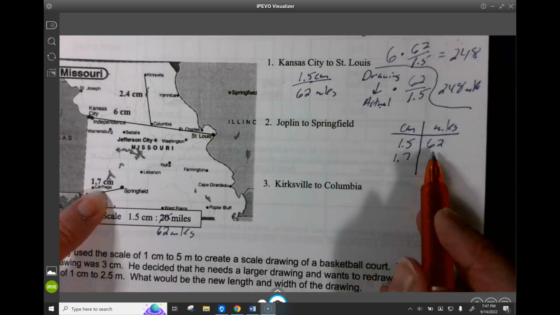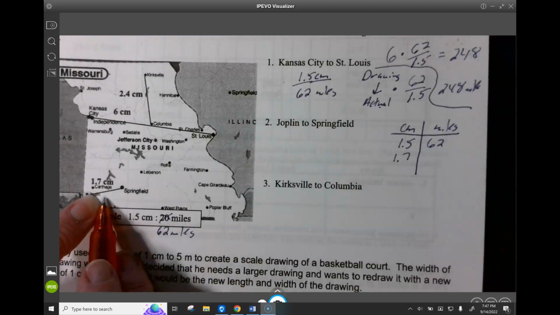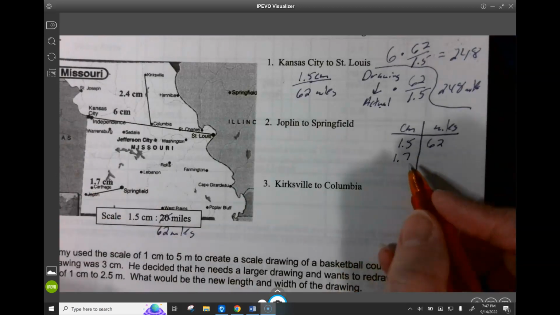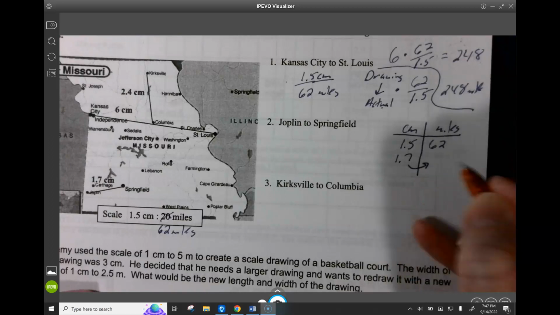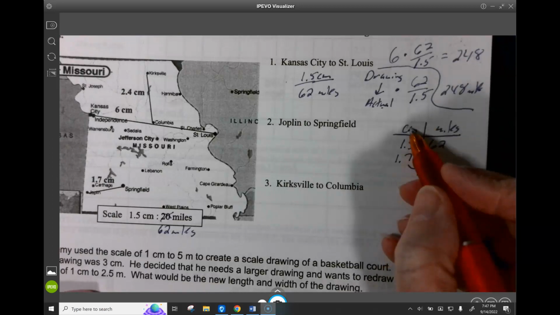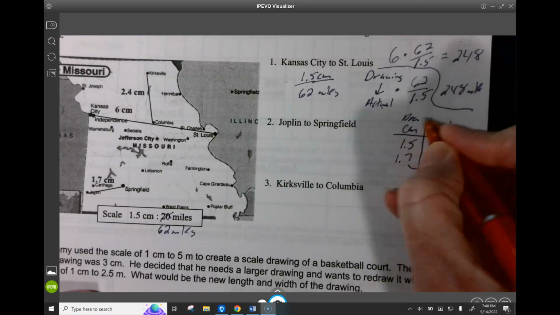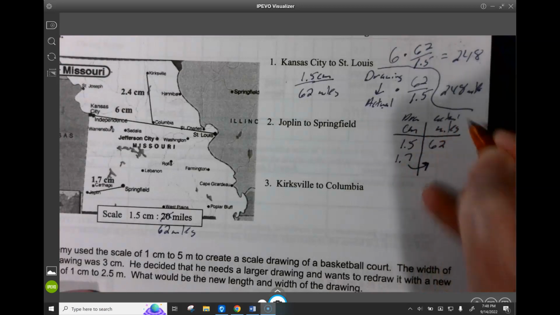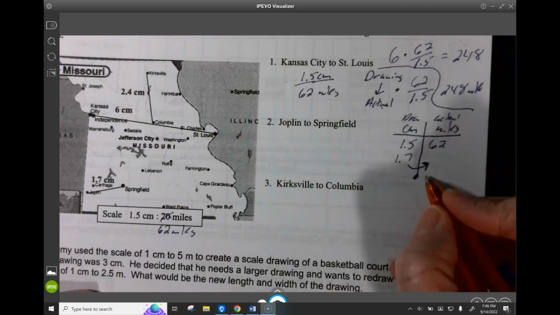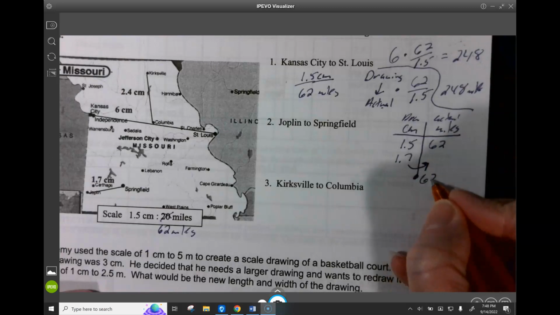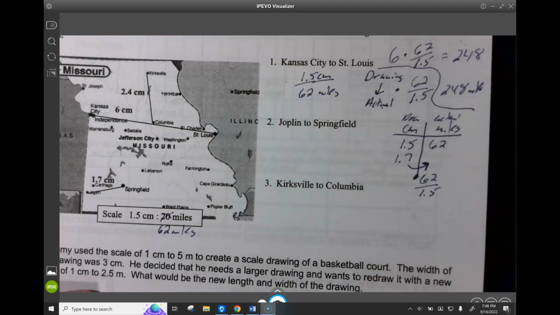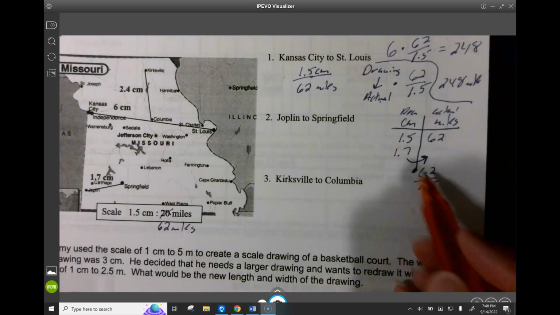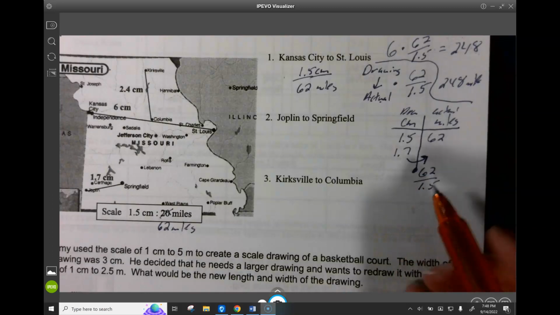Now is it going to get bigger? Yeah, because it's not 1.7 centimeters to Springfield. So we know that if I go this direction, from the drawing to the actual, I'm going to multiply by 62 over 1.5. Okay, so I'm going to take 1.7 times 62 divided by 1.5.